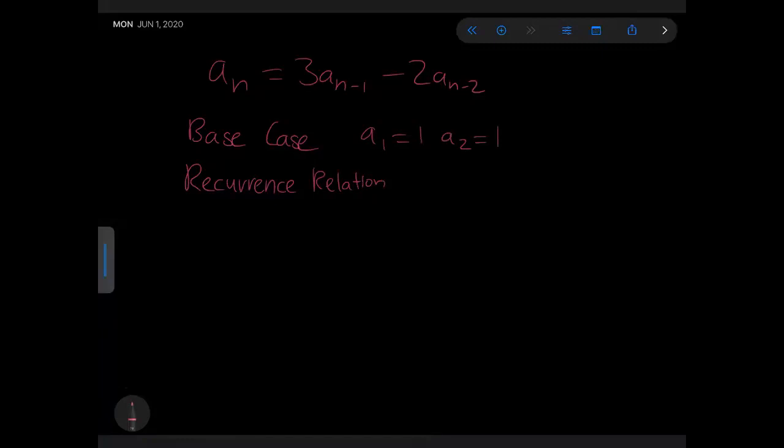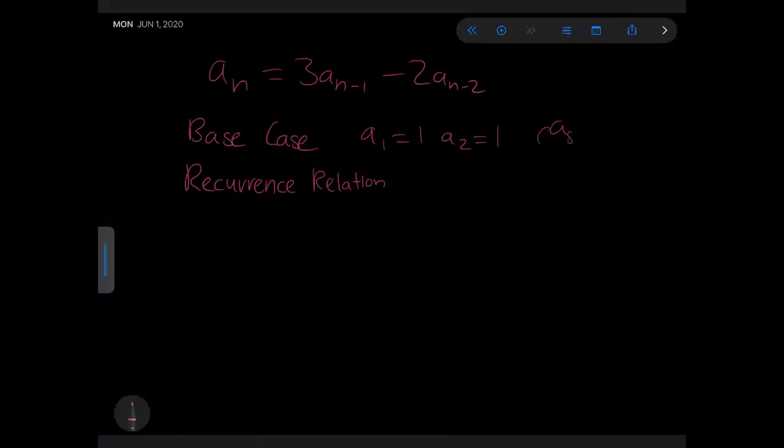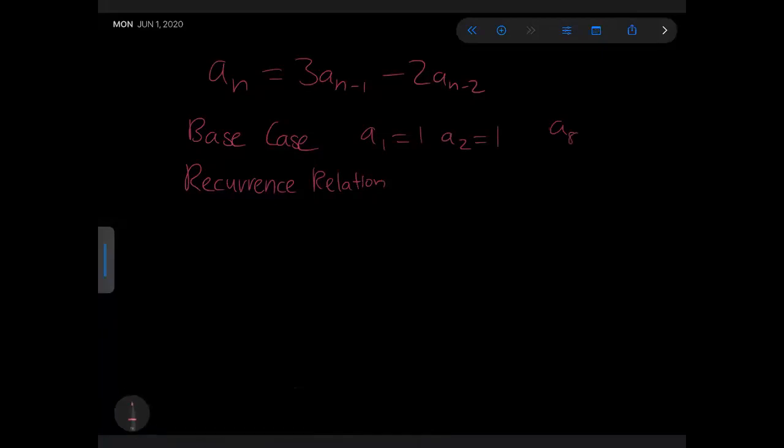We want to find, let's see, a little bit of lag coming out from our app. What is a sub 8? Well, you can generate it. You can go through each of these steps manually and find the next term. It is, though, a little time consuming. So I want to show you a closed form expression.